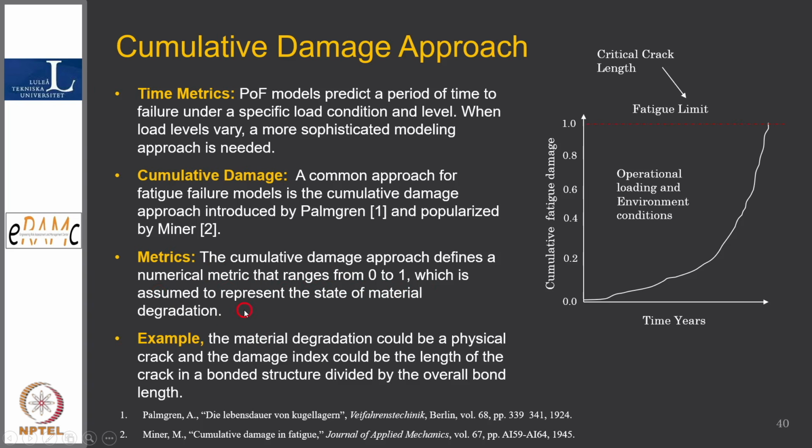For example, the material degradation could be a physical crack and damage, and the damage index could be the length of the crack in a bonded structure divided by the overall bond length. When the crack opens fully, it goes critical, and how long that takes happens in a cyclic mode, so you take either number of cycles or time to failure.